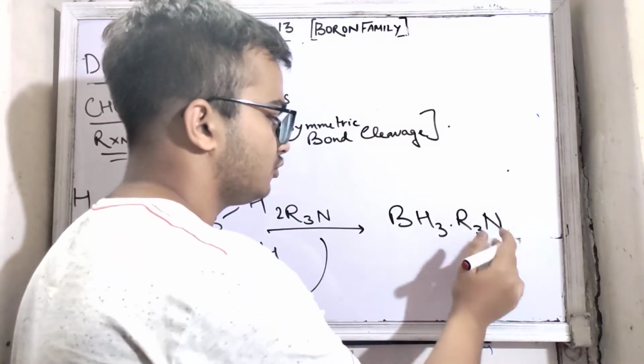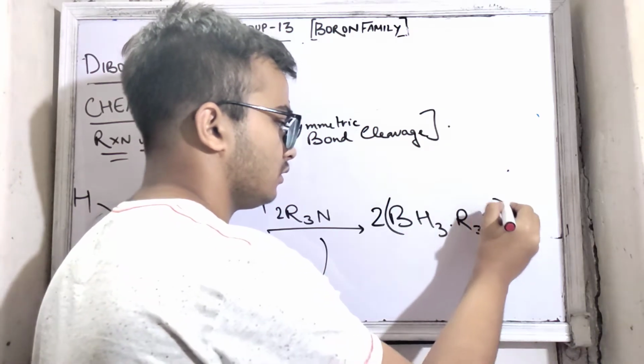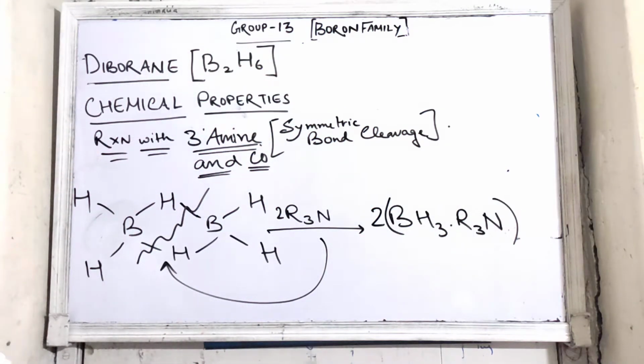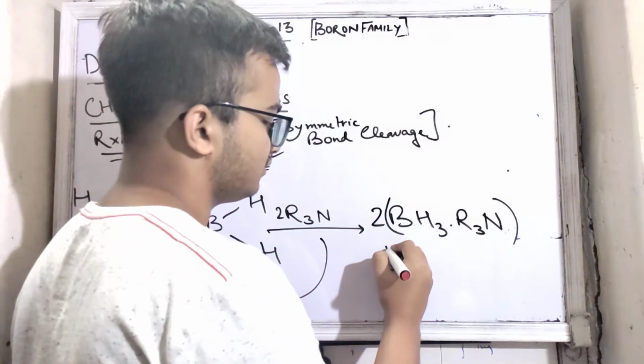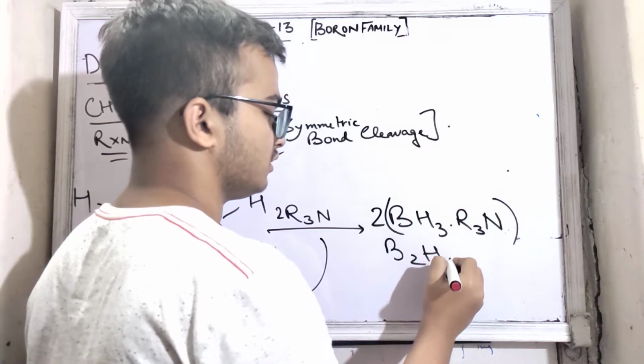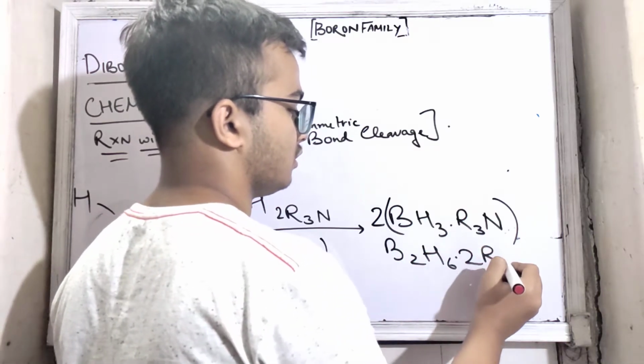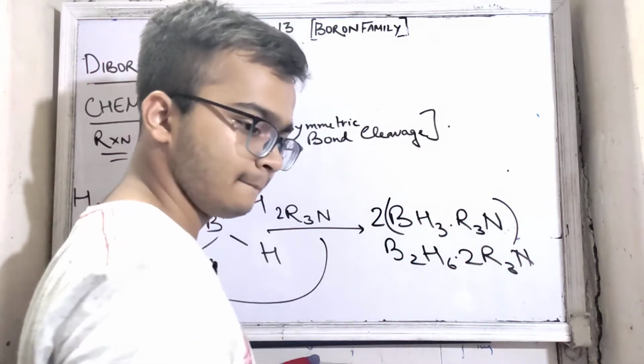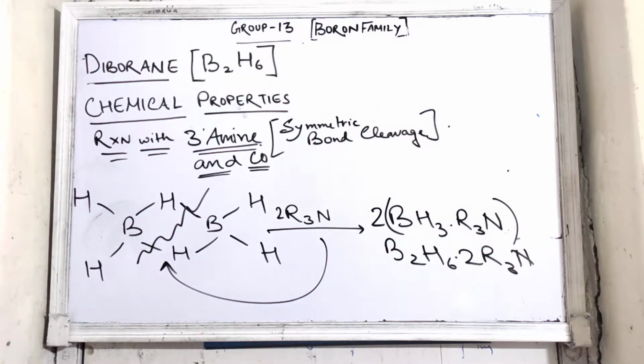So this will be 2 times, right? So this is the product. Now if you want, you can multiply it, it will be B2H6.2 R3N, right? Clear?